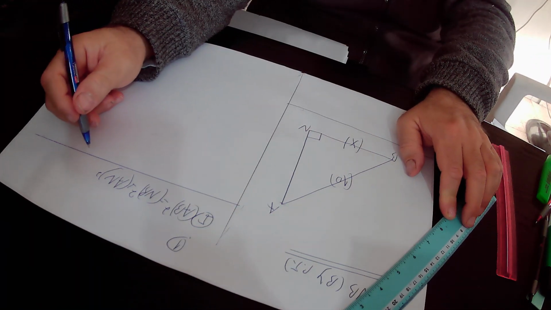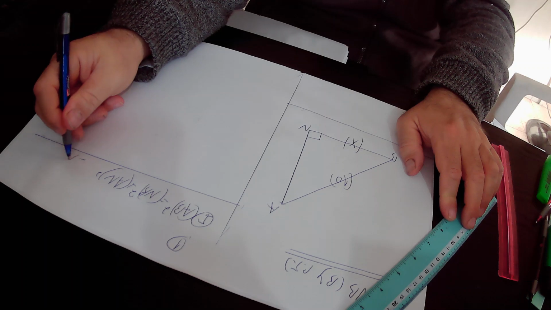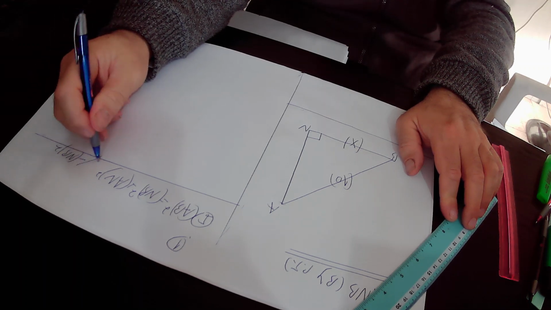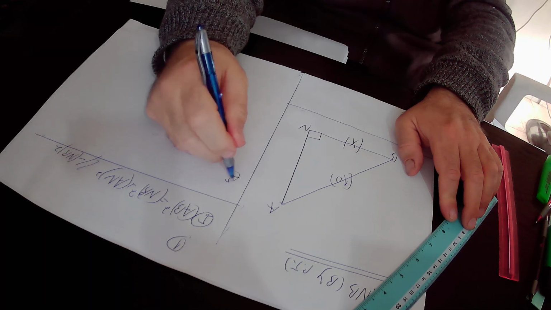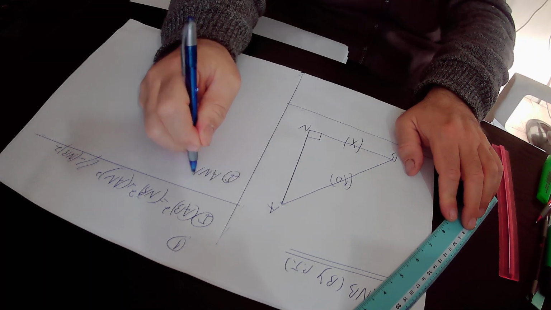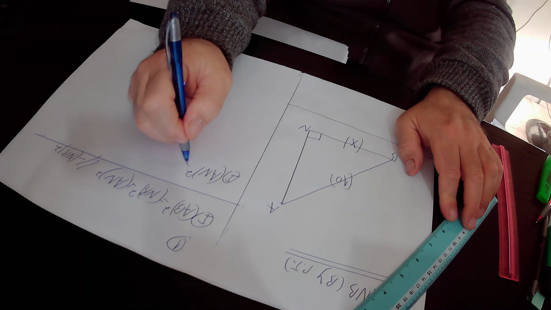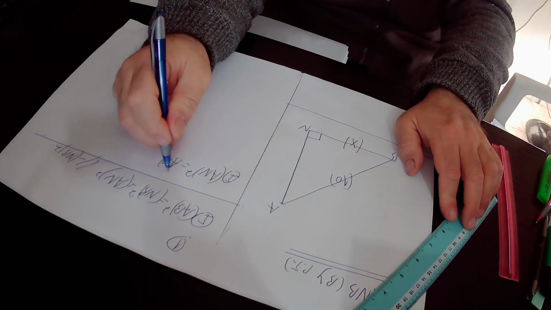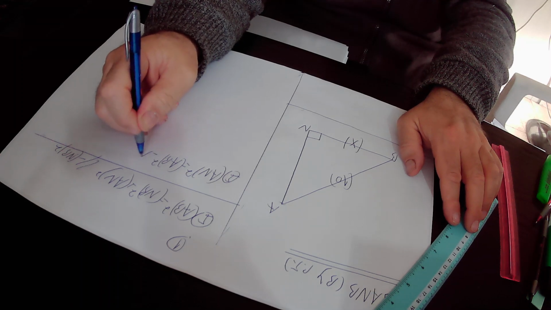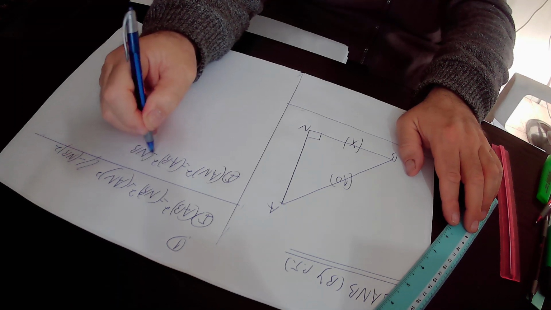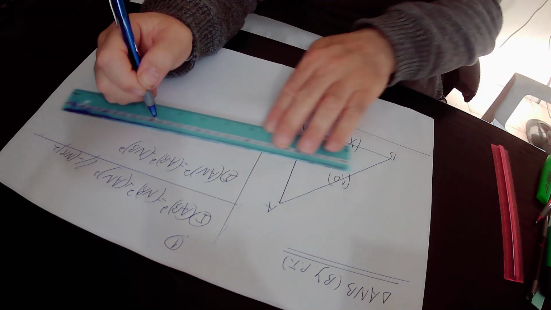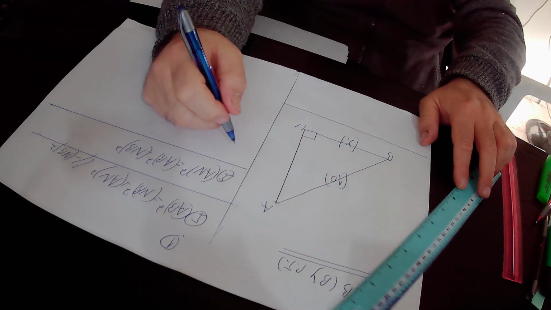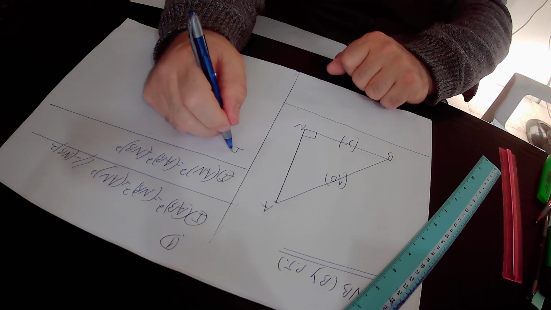We'll subtract NB squared from this equation and we get that AN squared, according to equation 1, equals AB squared minus NB squared. AN is the missing side, so we leave it as it is.